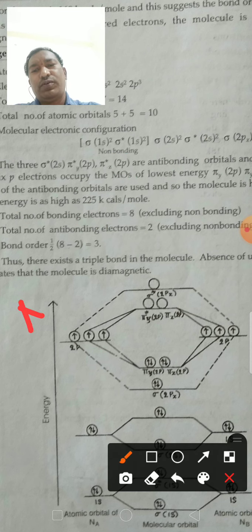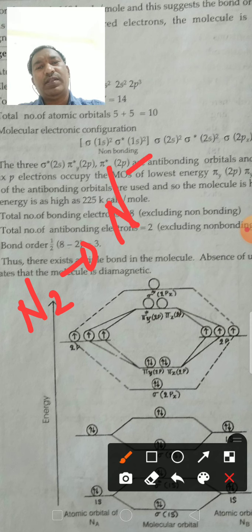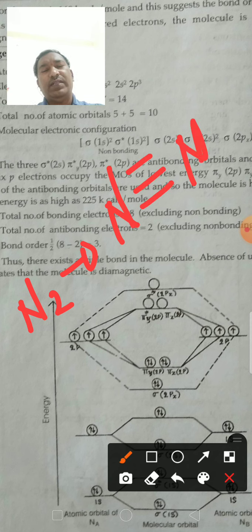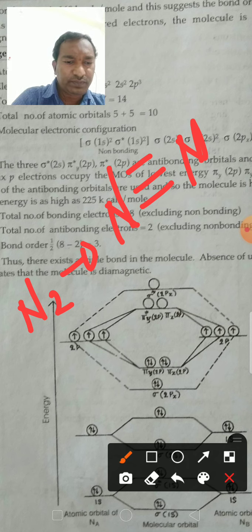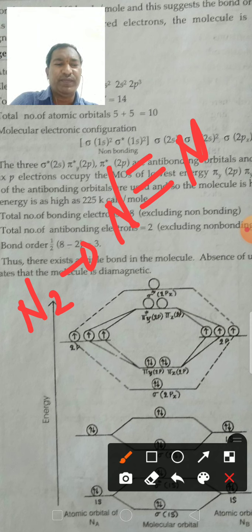So the nitrogen molecule exists as nitrogen triple bond nitrogen, N triple bond N. So these are the 3 bonds in between the 2 nitrogen atoms. So the bond energy of this nitrogen molecule is 255 kilocalories per mole.